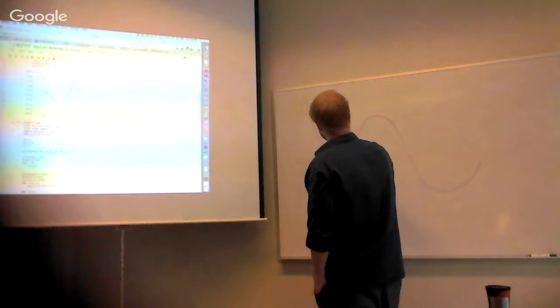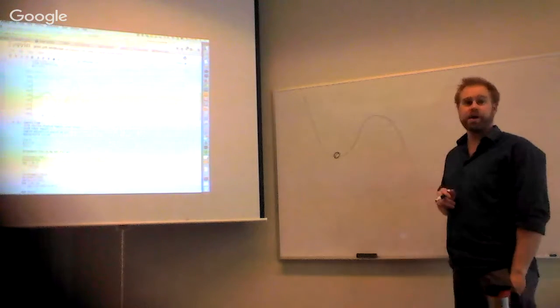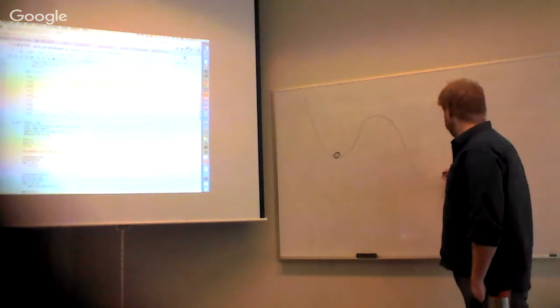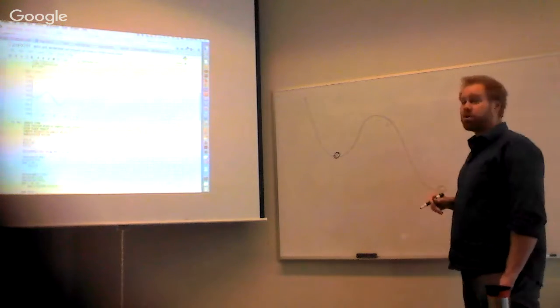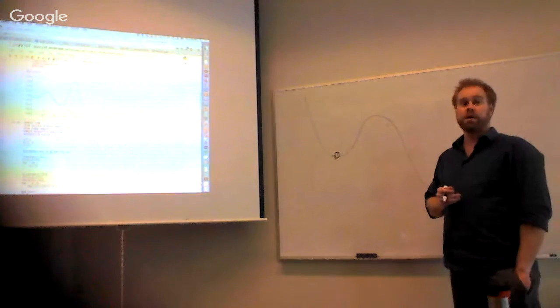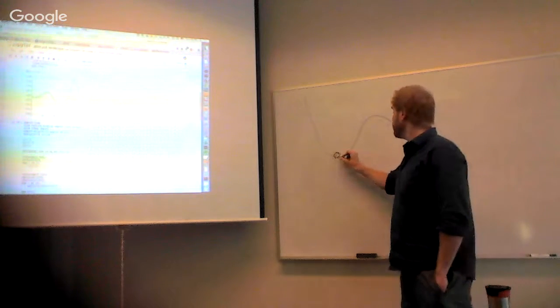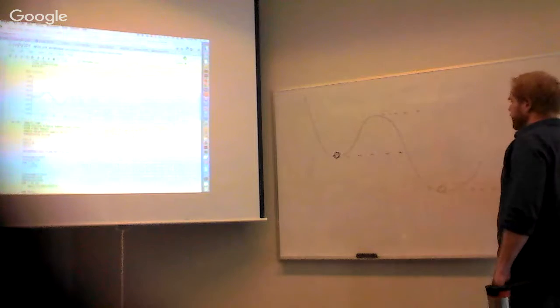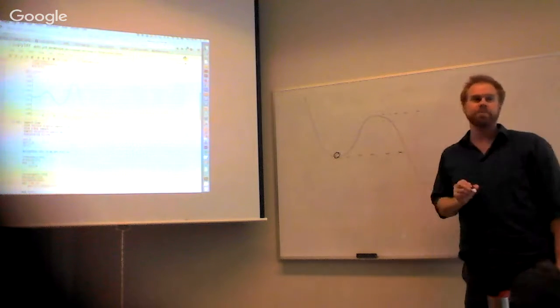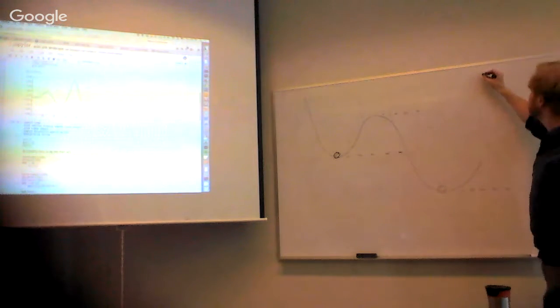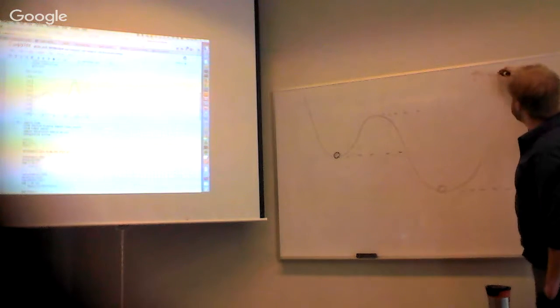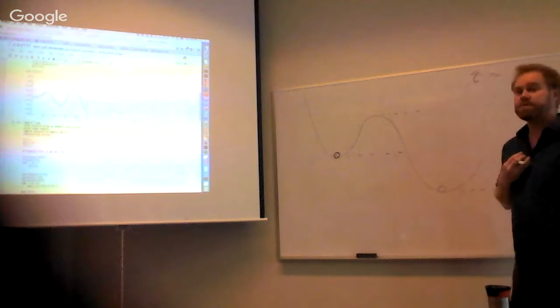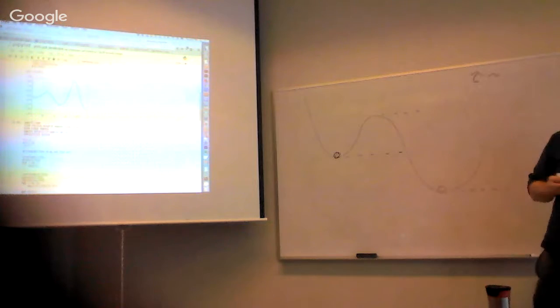If I have particles that start here, and I want to know how long it takes to get over here, and I know this energy height, and this energy height, and this energy height, we want to take a guess at the scaling of that time tau with some of these energies.